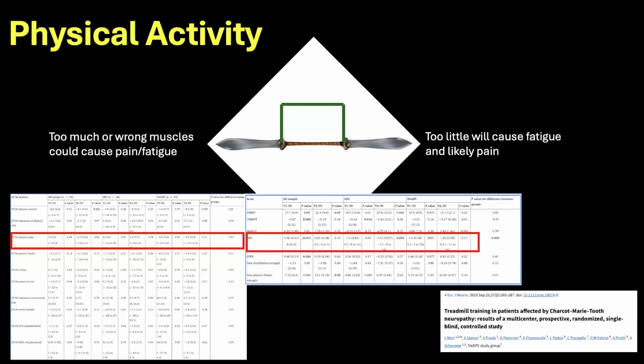It did show some improvement in balance. But what I'm encouraged by, given the old adage that if you exercise, you're going to damage yourself in CMT, is that when we compare those who did treadmill with those who did not, those who did treadmill maybe got slightly better, but certainly did not get any worse.